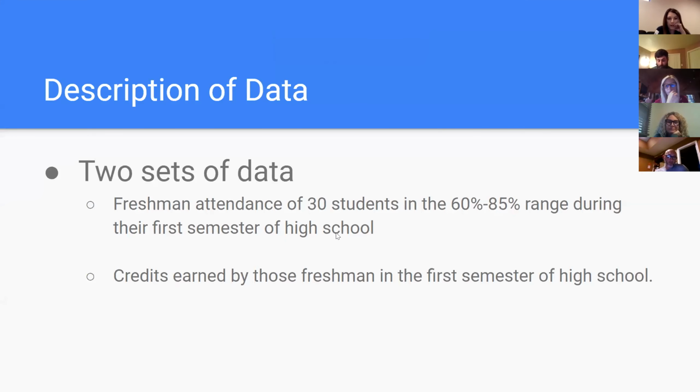So at the beginning of the semester for statistics, two sets of data that I wanted to look at were our freshman attendance and how that is correlated to credits earned their first semester of classes. Just because of the timing, I couldn't look at a student's entire year of credits earned.